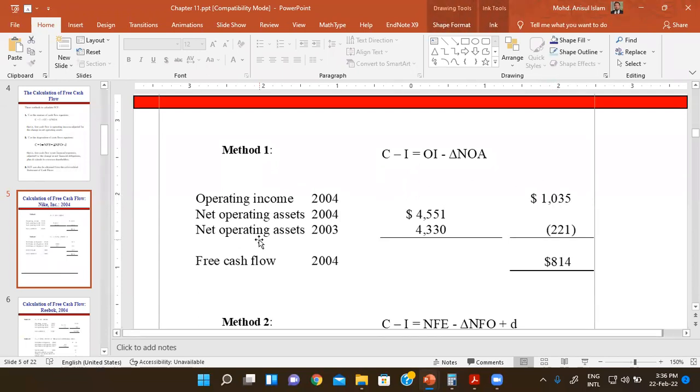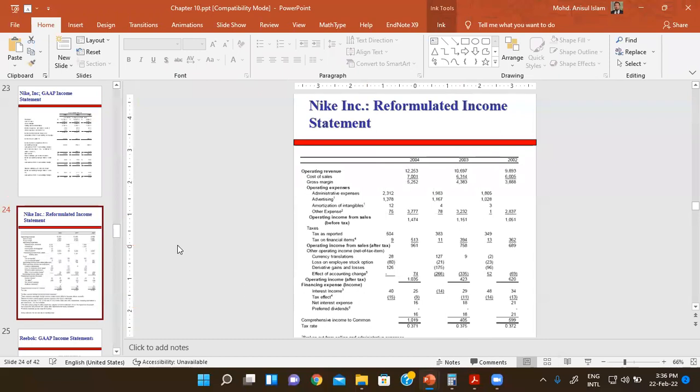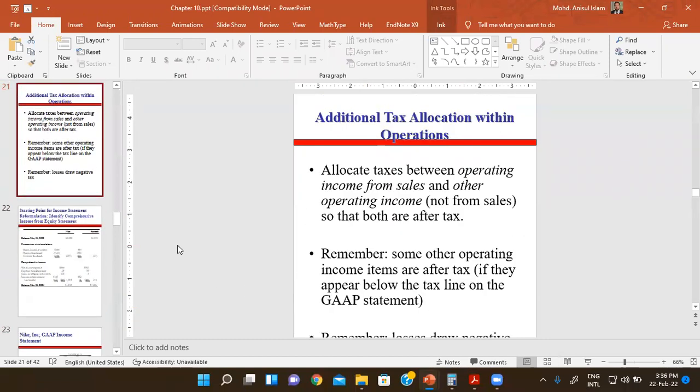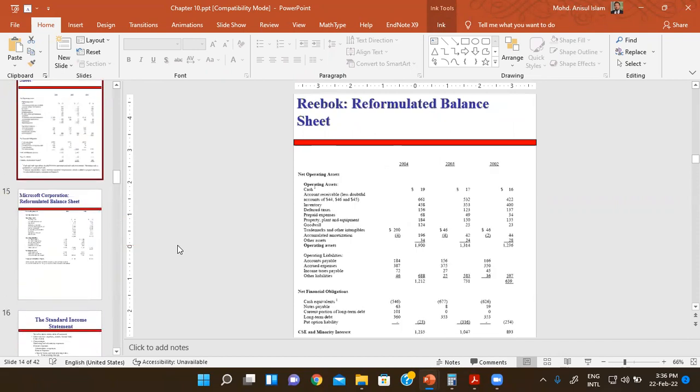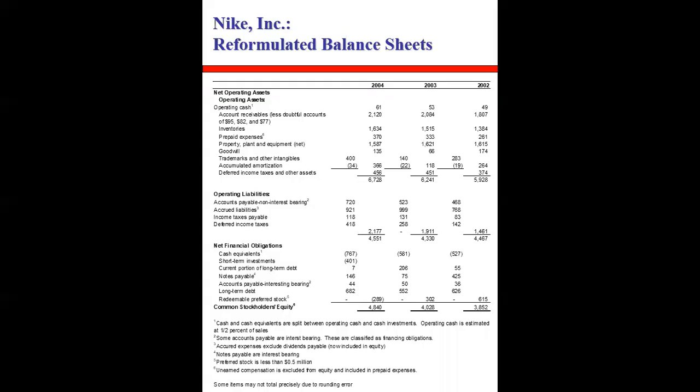Now the question is where the net operating asset will come from. You can recall that we also solved the reformulated balance sheet. So from there, we will have the operating asset. Here you see that we have net operating asset. Which one?